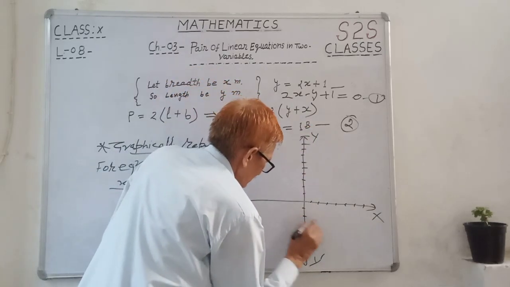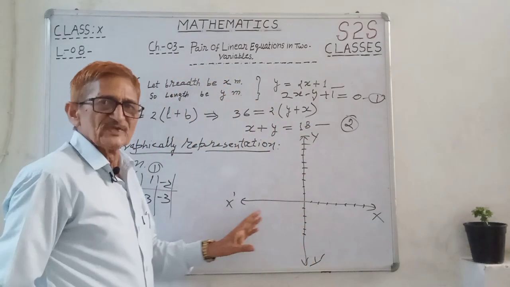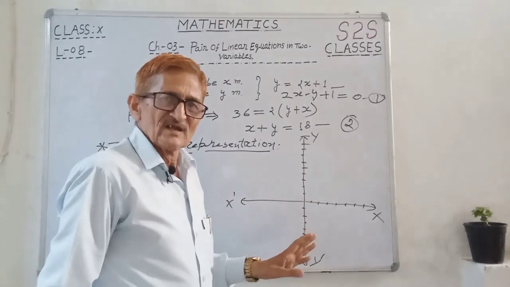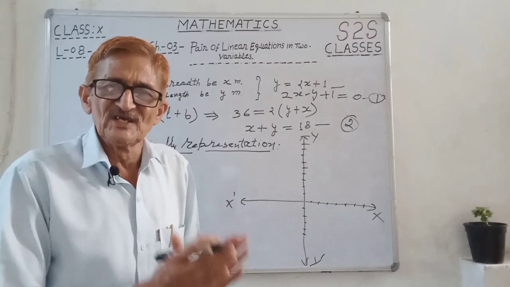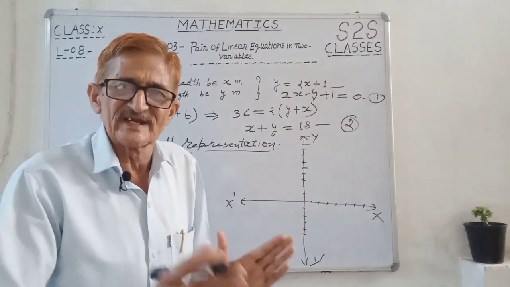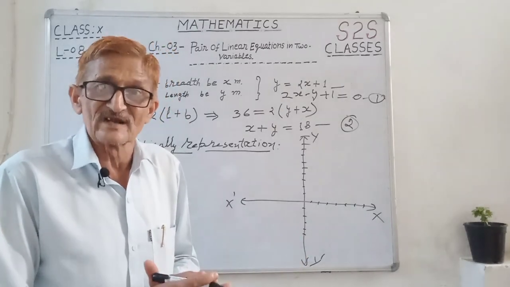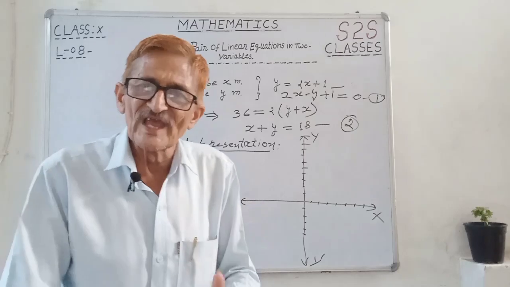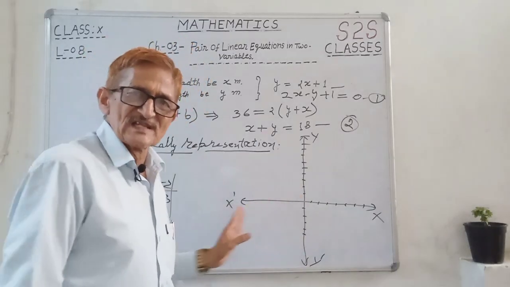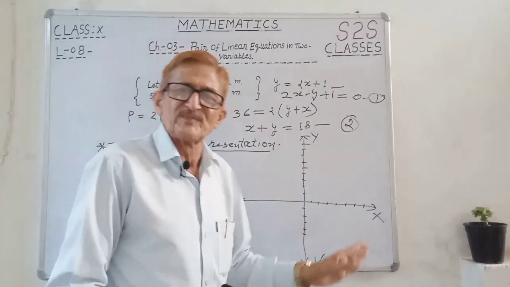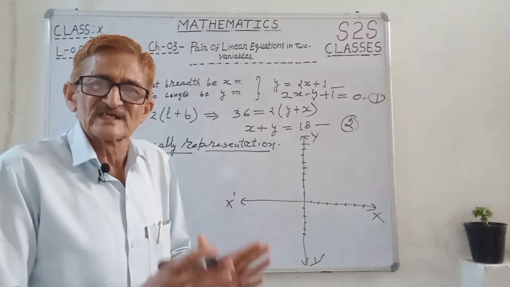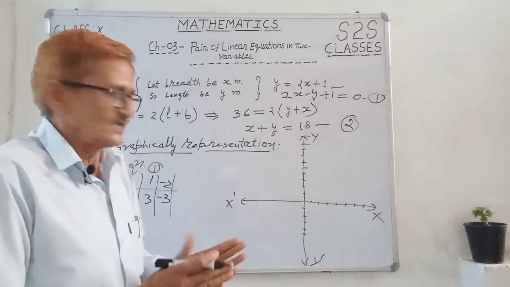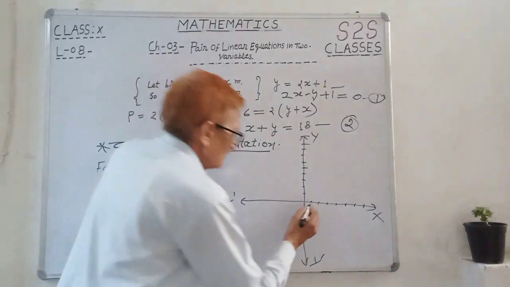Mark here point, and these points must be taken at equidistant. Each part must be at equidistant, each mark, with the help of the scale and graph. Always draw the line with the help of scale and the pencil. This is the actual situation, actual measurement must be there. Equal distance is each part.